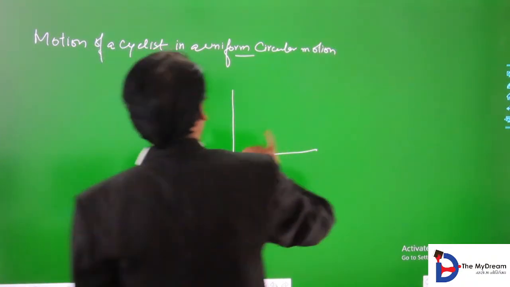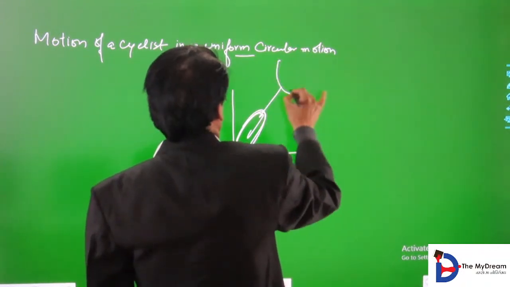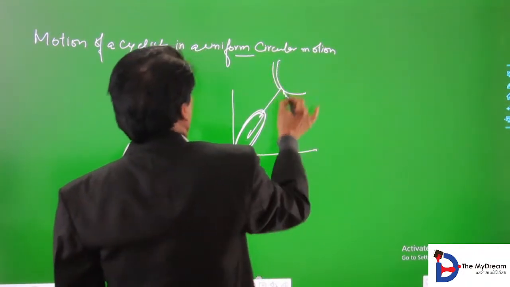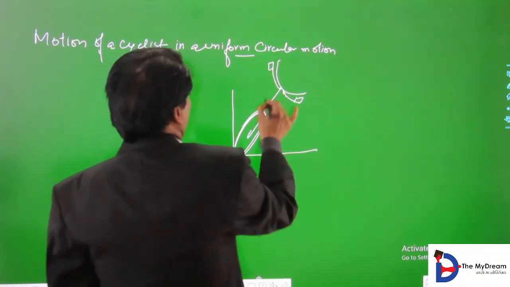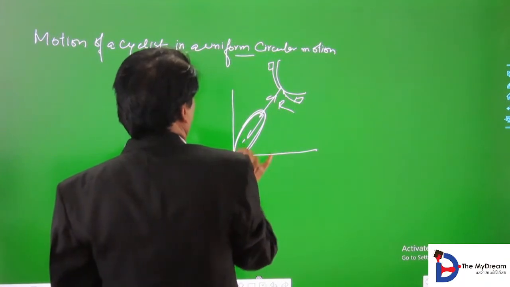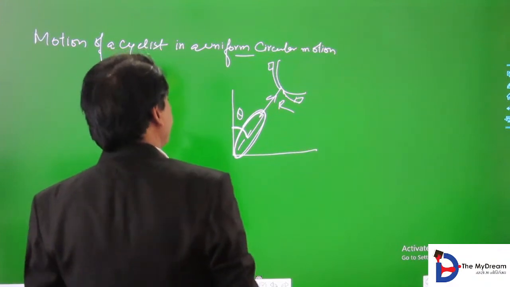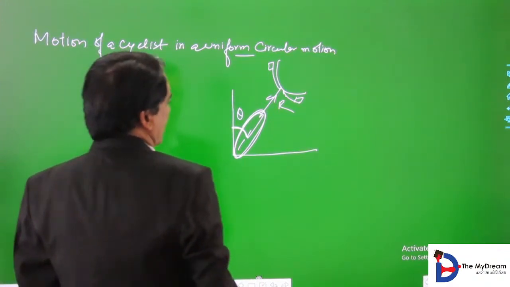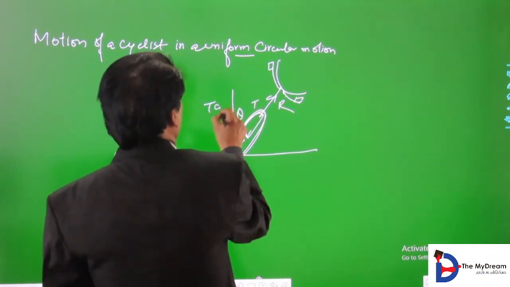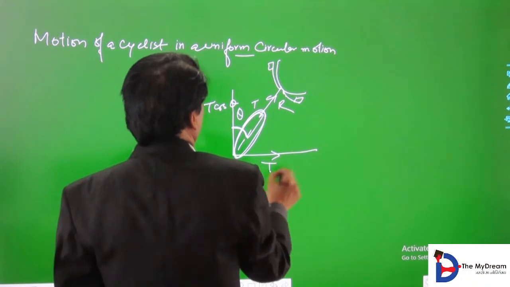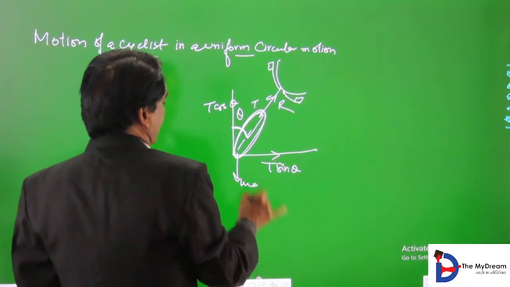Suppose this is a tire, this is a reaction, this one is theta. Now, this is T sin theta, T cos theta. This is T sin theta. This is the weight.